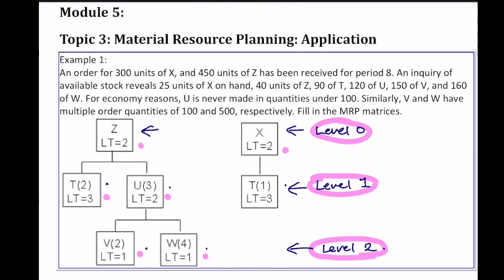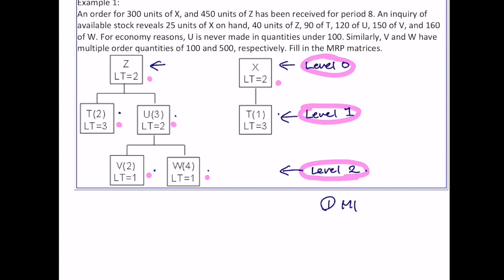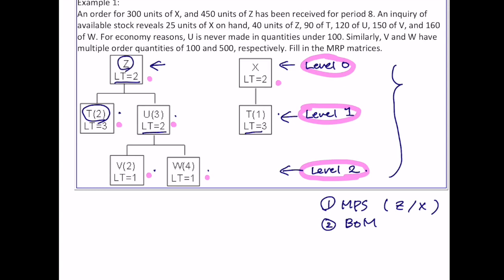The MRP needs some inputs, if you remember. What kind of inputs does the MRP need? The first one is MPS. In this case, we need MPS for Z and X because Z and X are our end items. Second, we need the BOM. As we already have seen, the above tree structure is the BOM, bill of material, and we know the information, for example, you need two T's to make one Z, and also we have lead times for each material.